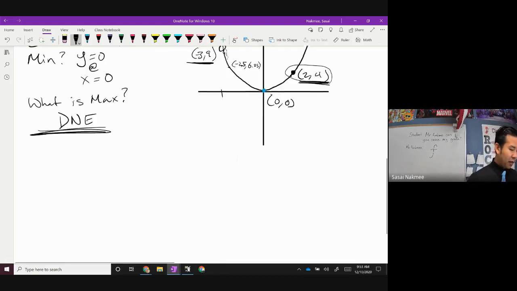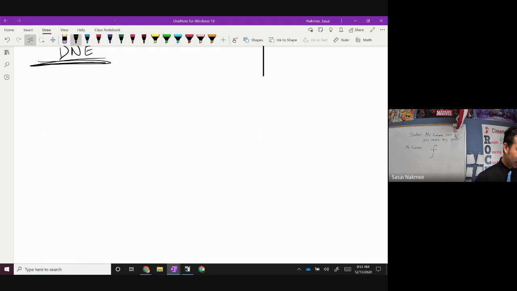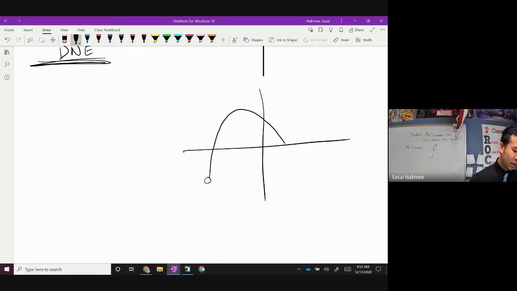Now, if you have, for example, a graph that looks a little bit different from that. Let's say I have an open interval graph. It goes up like this, and it goes down like this, and it comes back up right here, and it's an open interval.